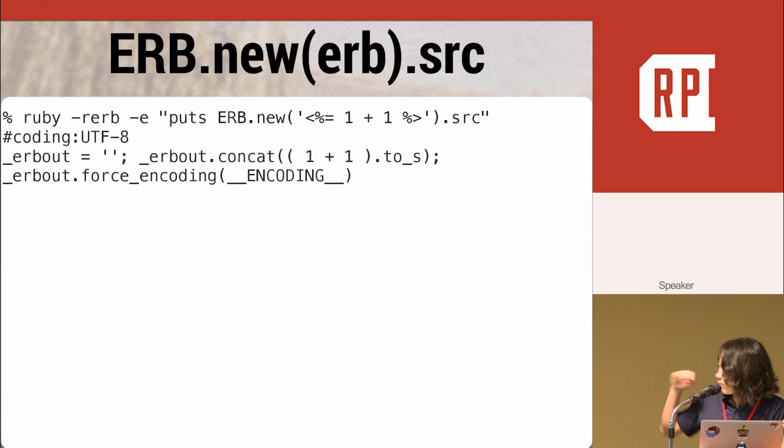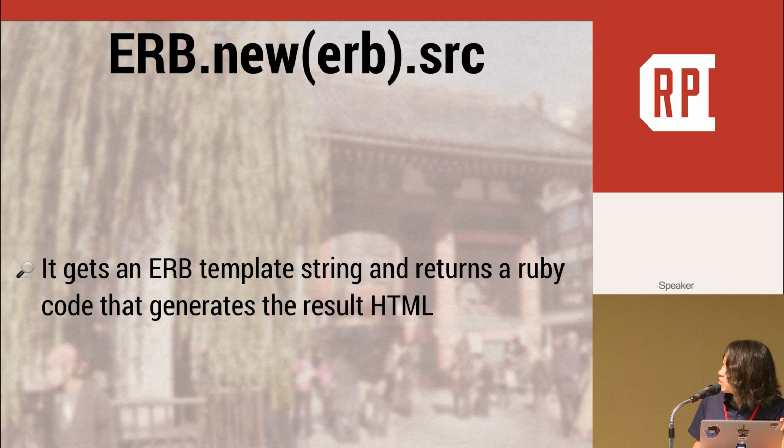You can confirm this in a one-liner or IRB. .src returns not an HTML string. It's Ruby code that you can eval, right? So erb.new.src gets an ERB template string and returns Ruby code that generates the result HTML like this, right?